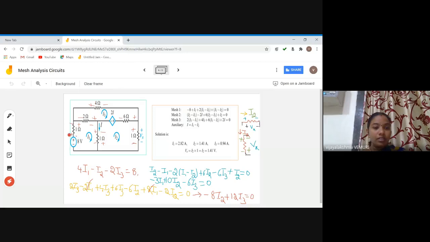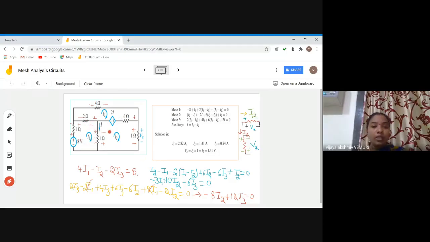Whenever it enters, you have to take it as positive. Whenever it leaves, you have to take it as negative. So I1 is entering the 1 ohm resistor in this direction, entering the 2 ohms resistor in this direction, entering this 1 ohm resistor in this direction, in this mesh only, and leaving like this. Like this, I1 is circulating in this loop in this manner. Those who are new, you just follow.